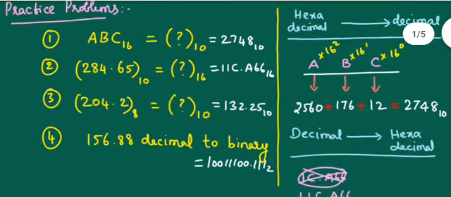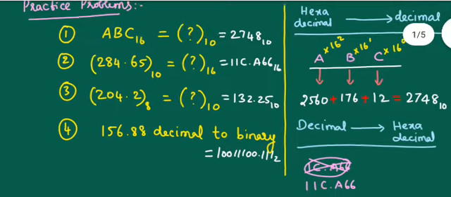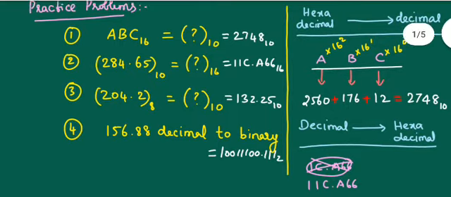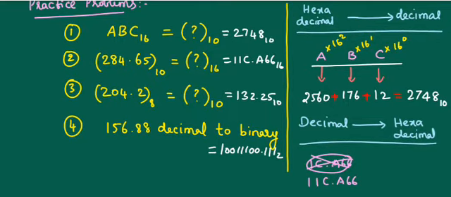So as we all know, from any number system to decimal, what is the method we generally use? Digit multiplied with the corresponding position values. So ABC is given. This is a hexadecimal number, so you have to take 16 as the base value.